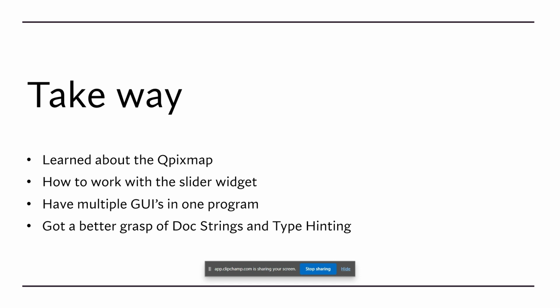In the bank account project one, I learned to use multiple GUIs for one program, and I got a better grasp on docstrings and type hinting as I added them to both of the projects.